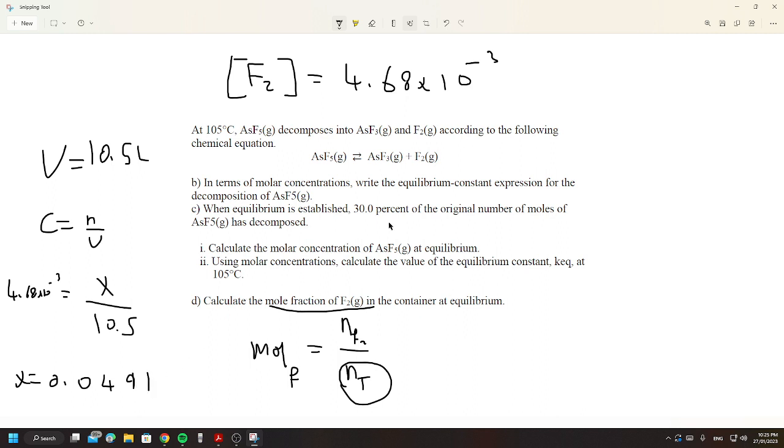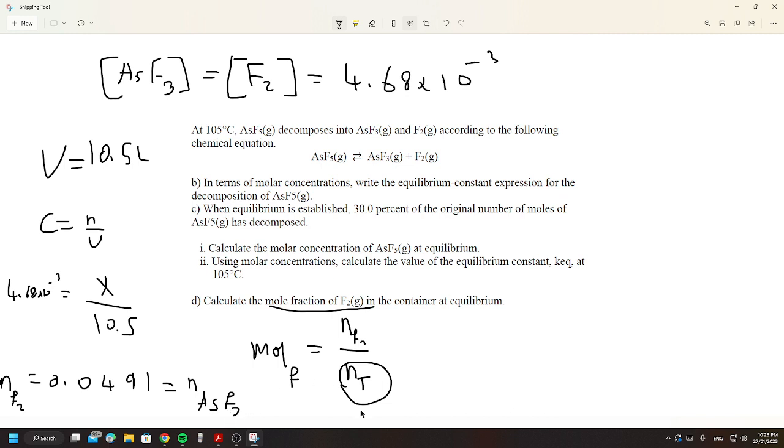This concentration of F2 is also equal to the concentration of AsF3. So the number of moles of F2 is equal to this, which is also equal to the number of moles of AsF3.